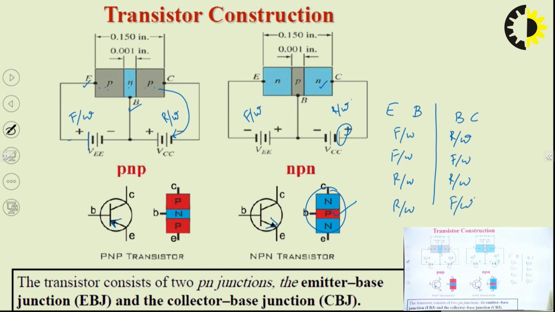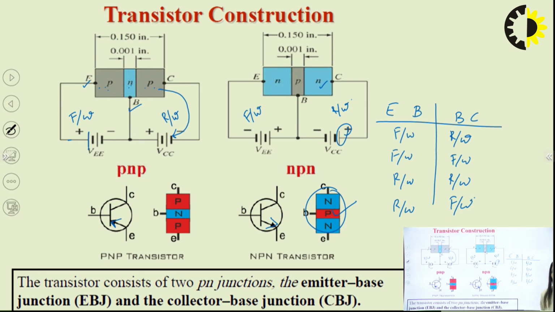So there may be 4 types of connection possibilities while we are biasing our transistor. That point we will discuss later. For these 4 types of connections, the transistor consists of 2 PN junctions, the emitter base junction and the collector base junction. So there are 2 PN junctions, emitter base junction, always remember, and collector base junction, right?